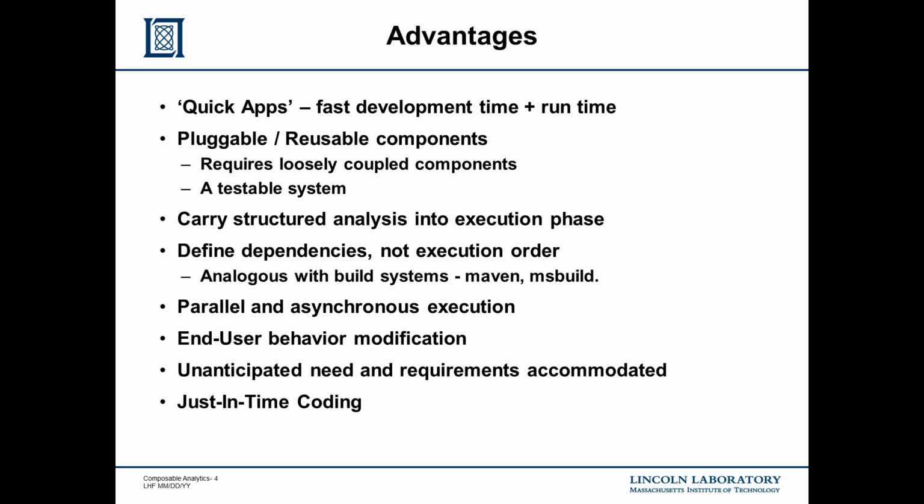Microsoft has the concept of just-in-time debugging: if there's a break or a fault in an application, you can immediately break there and start to debug the application. Well, in just-in-time coding, if unanticipated needs arise, you can start to modify the application and code very quickly to meet that new requirement.